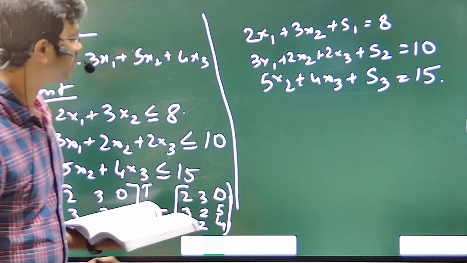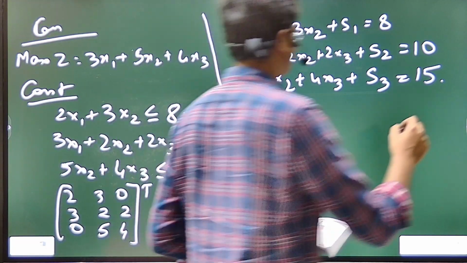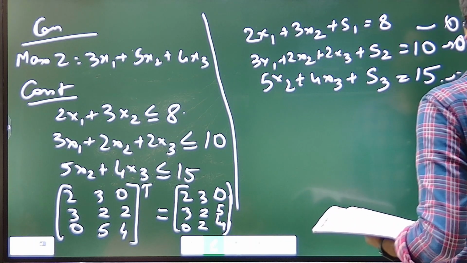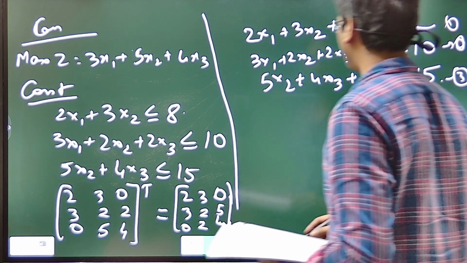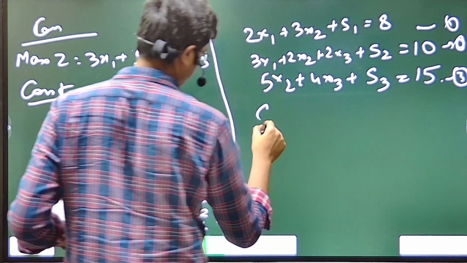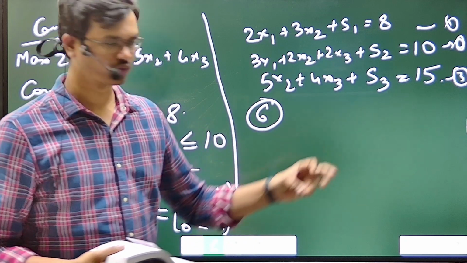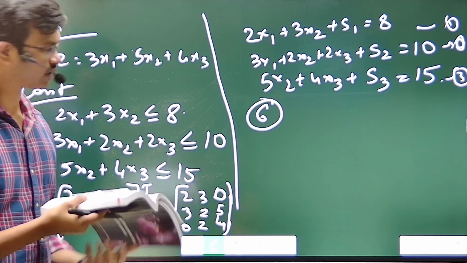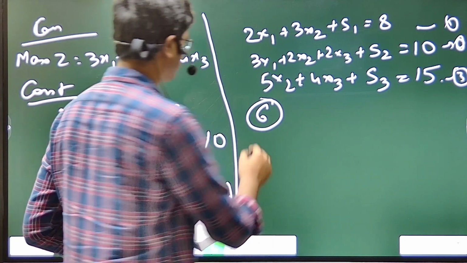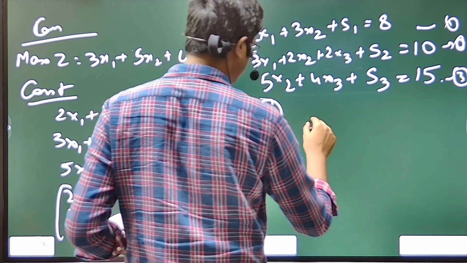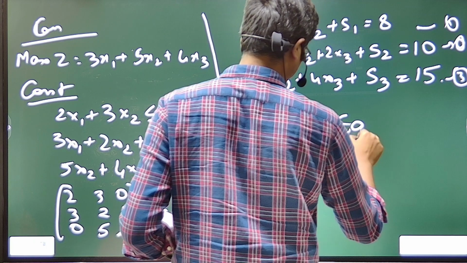Now you have three equations, right? And how many variables you have? You have 6 variables, correct? x1, x2, x3, s1, s2, s3. So the number of unknowns is greater than the number of equations.